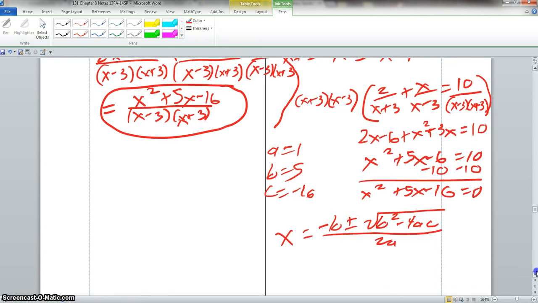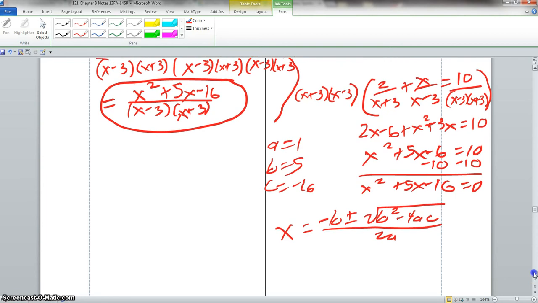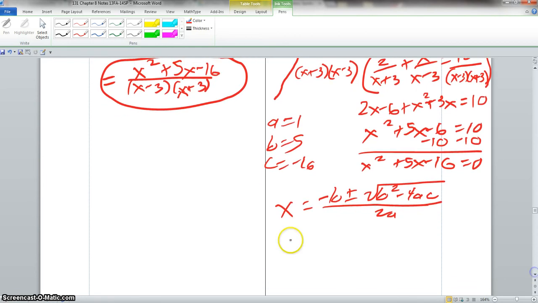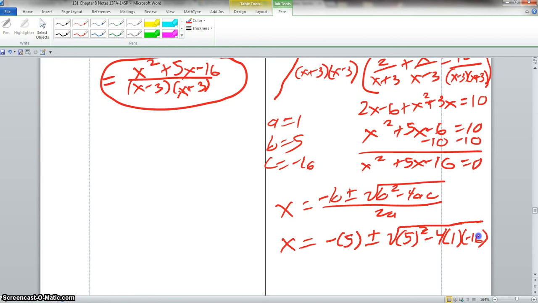Now we substitute in those values. Now we will have x is equal to the opposite of 5 plus or minus the square root of 5 squared minus 4 times a is 1 and c is negative 16 all over 2 times a is 1.